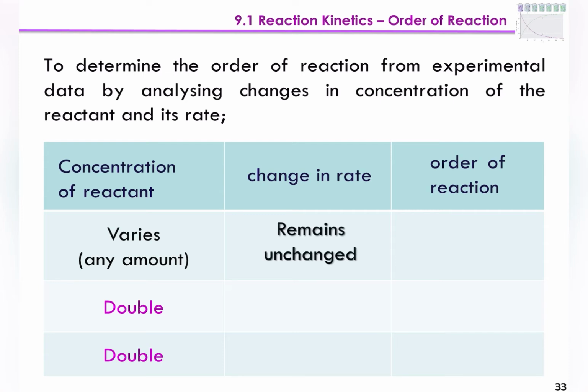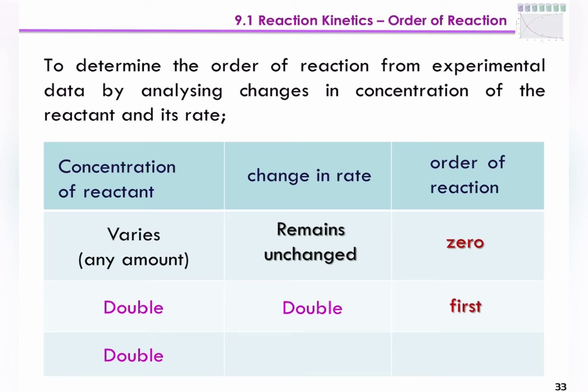It will remain unchanged. That's why the order of the reaction will be zero order. Next, if I double the concentration, what will happen to the change in rate? It will be doubled as well. And the order of the reaction will be first order.